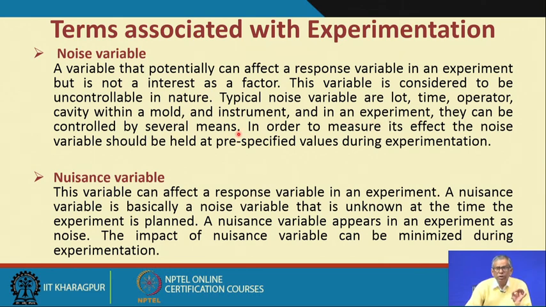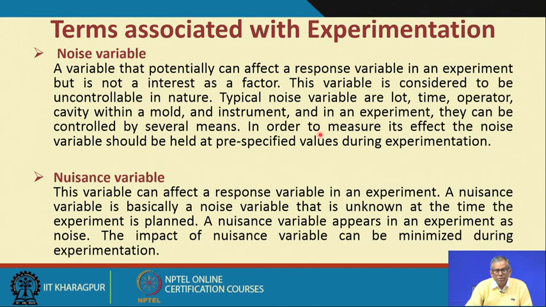The point to be noted is that even if there are uncontrollable noise variables, in many experiments you need to consider them. The obvious question is, while carrying out an experiment, what are the means of controlling and changing the values of the noise variables?